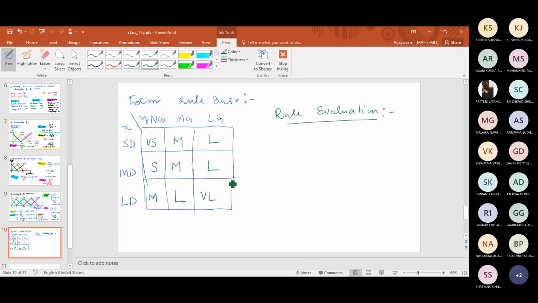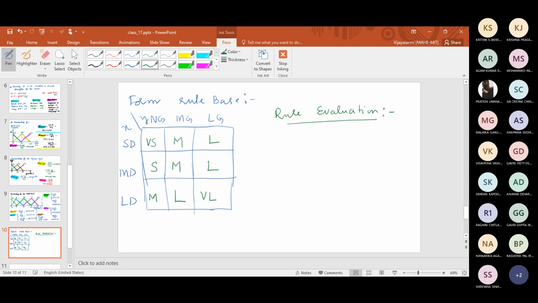Normally, if you go for the fuzzy logic toolbox in MATLAB, once you form this rule base, it gives you the solution. Any percentage of dirt, any percentage of grease, you just put it. It will give you the wash time.